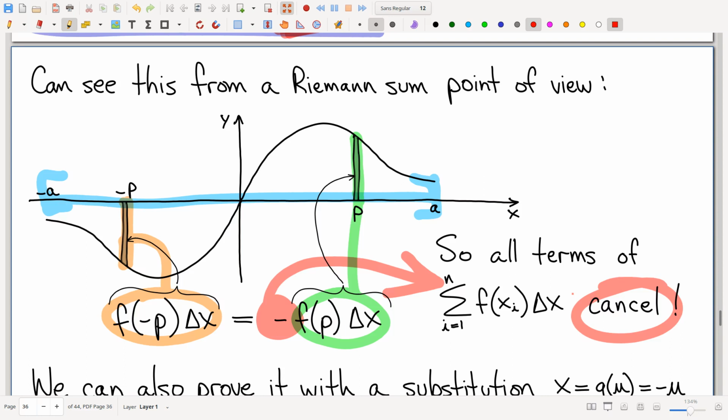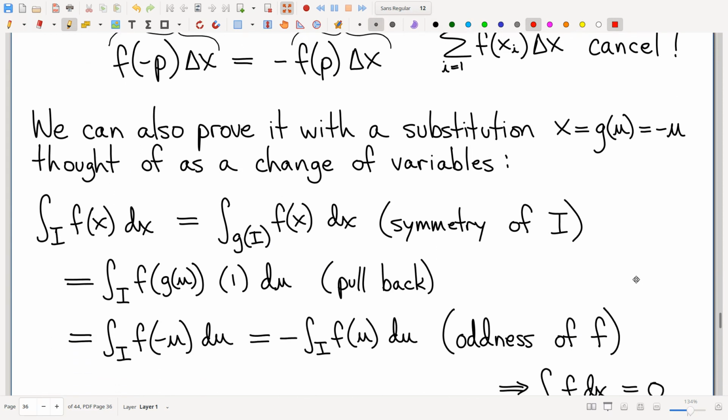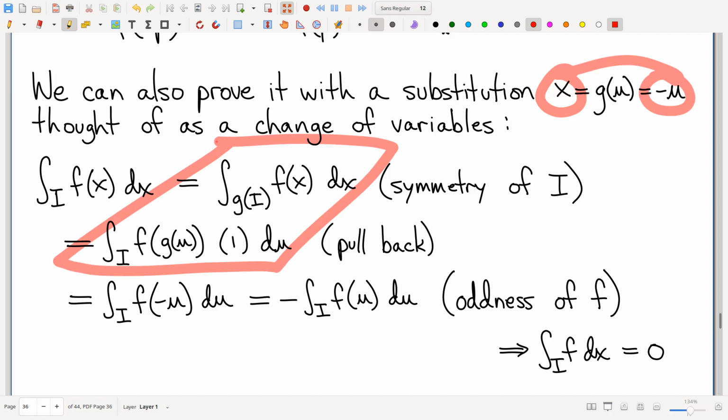Right? All right. So now there's also a different point of view. You can think about this as a substitution. And don't forget, substitutions are basically change of variables. Right? But if I just let x equals negative u and do the substitution, here's where the substitution happens, aka the change of variables, aka the pullback.